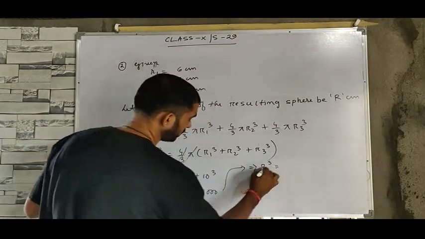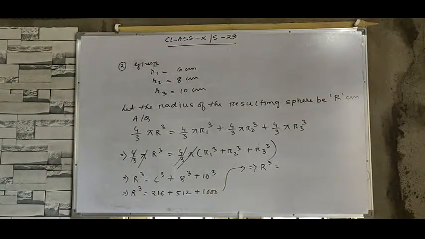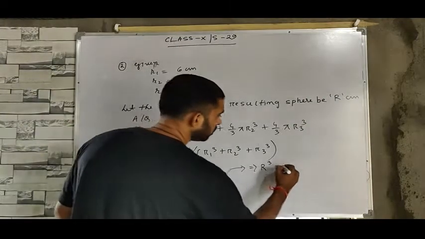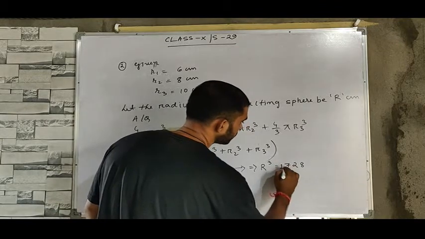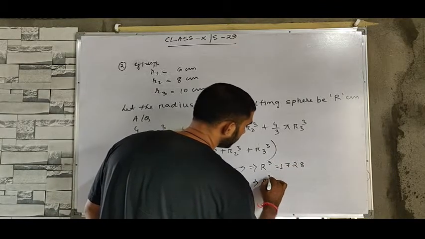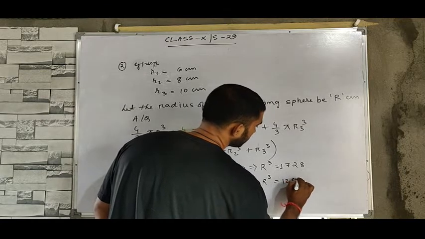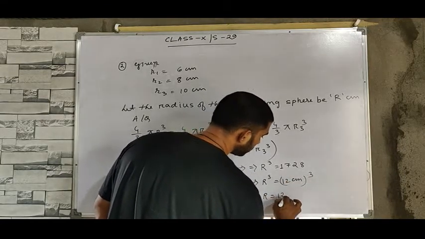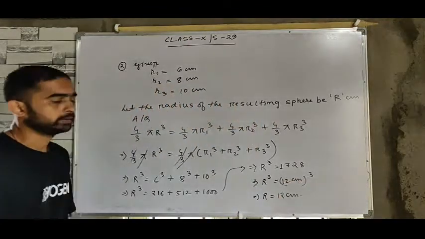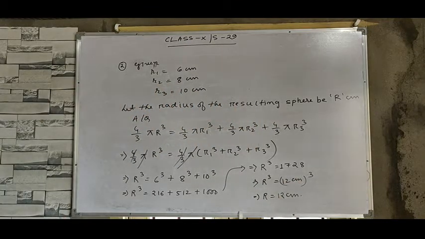So R cubed equals 1728, which is 12 centimeter cubed, which implies R equals 12 centimeter. So the radius of the resulting sphere is 12 centimeter.